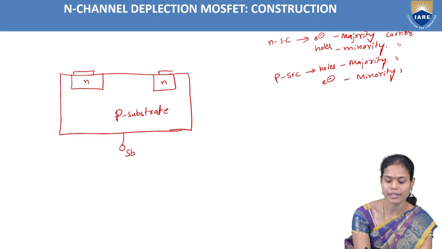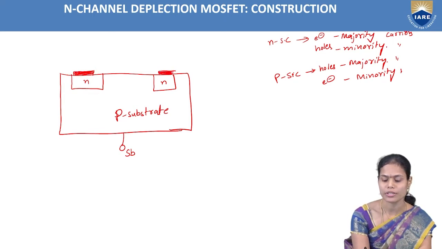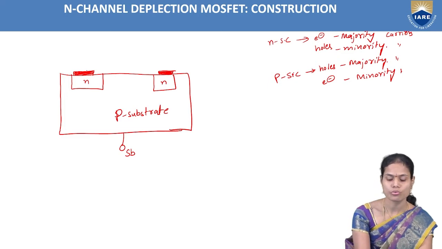After diffusing the two pieces of N type semiconductor into the P type substrate, we form the metal layer on those two pieces of N type semiconductor materials. From this we get the source and drain terminals.